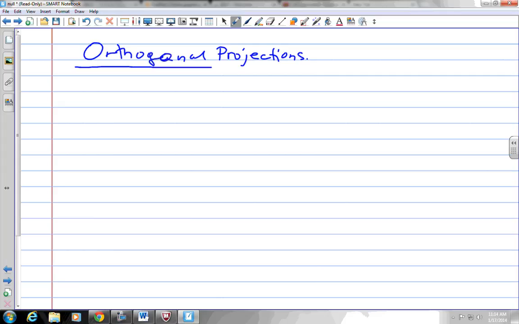So here's an example. Let's say I have a family of curves x equals k y squared. Now what are those? What are the graphs of x equals some constant times y squared? Right, sideways parabolas. So this is all sideways parabolas.